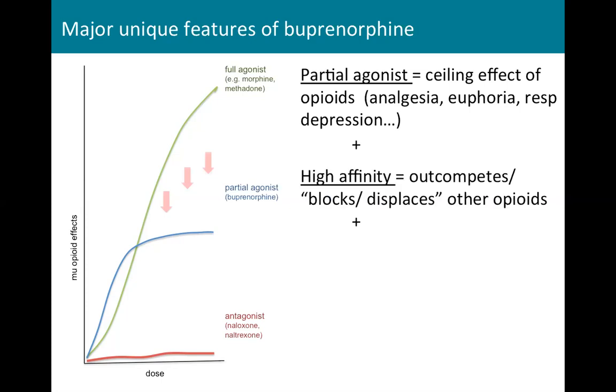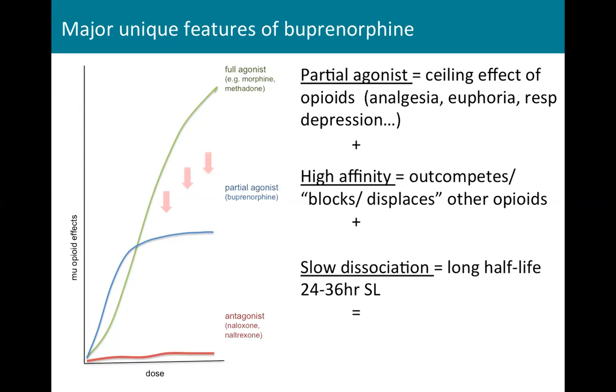In addition, buprenorphine has a high affinity for the opioid receptor, which means that when it's in the same setting as other full agonists, which have lower affinity for the receptors, it will outcompete them. So it will bind preferentially to the opioid receptor and exert its partial opioid agonist effect.